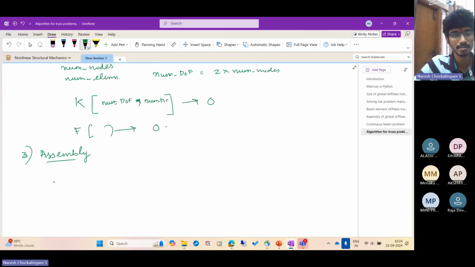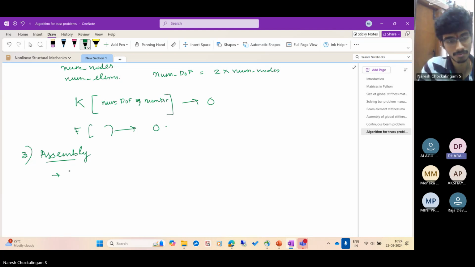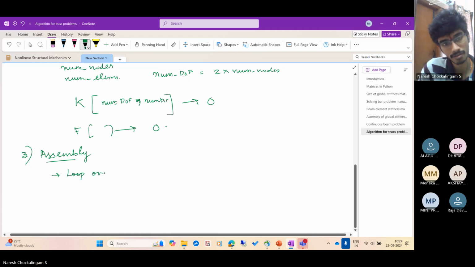The third step is assembly. How do we do assembly? We loop over what? Nodes? No, we loop over elements. Loop over all elements.